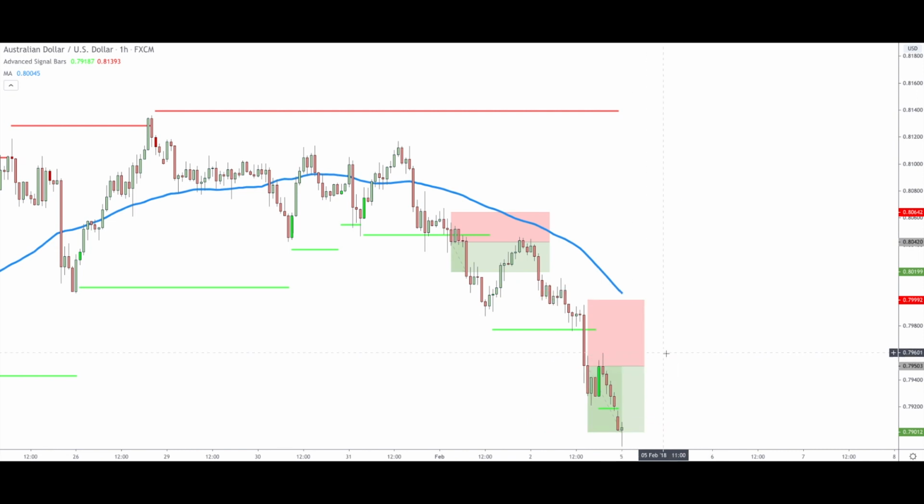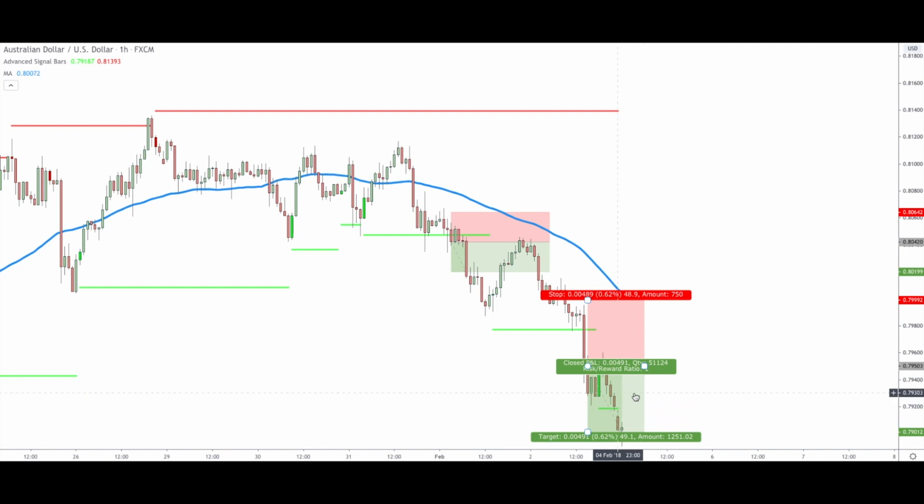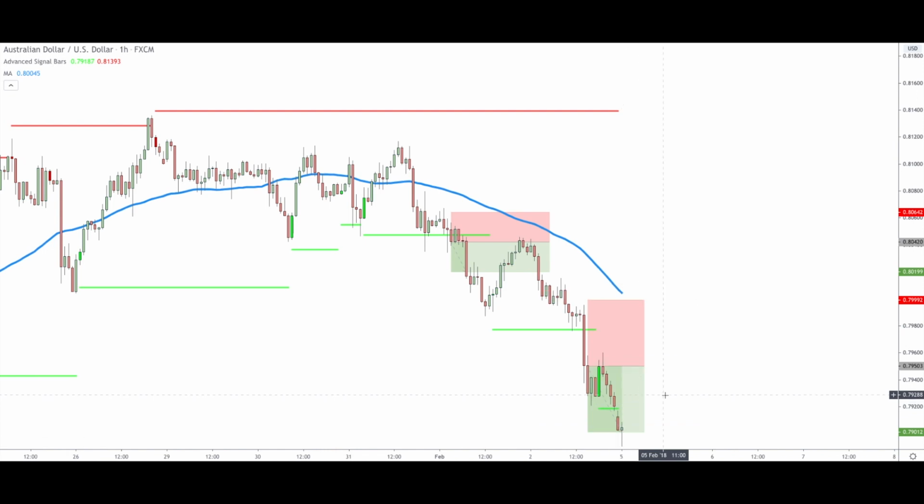So since I'm already risking some money, I typically skip the trade and don't take the opportunity. Because in the end, if we are correct, as it looks like that we are in a downtrend, we have plenty of opportunities.